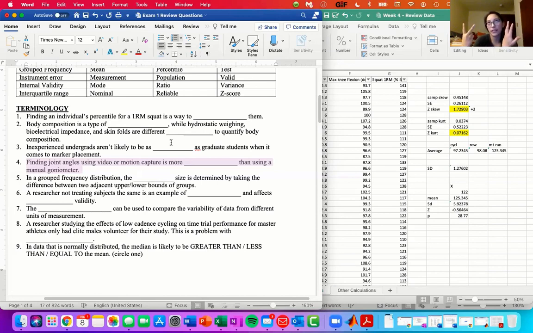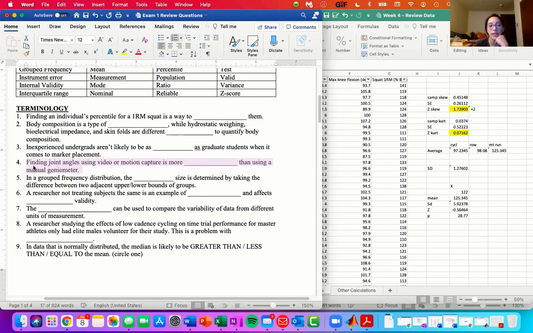Reliable grammatically sounds better, but in terms of consistency, because they're inexperienced, that's where we get that investigator error. They're not as consistent with marker placement, but they might also not be as accurate with the marker placement. So if you switch those words around, reliable with consistent, valid with accurate, it helps to make a little bit more sense on figuring out what you want.